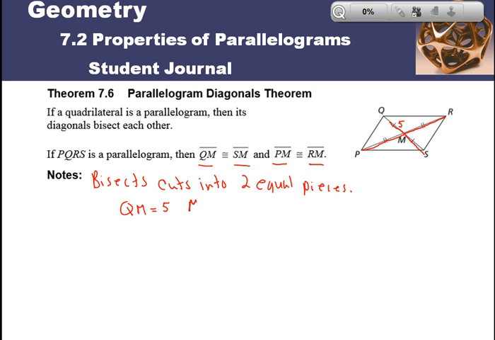Well, MS would be 5 also, because these pieces are equal. And if we were given that PM was 8, then of course MR would also be 8.